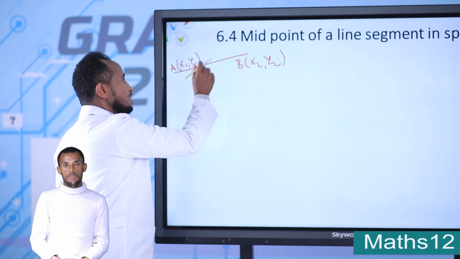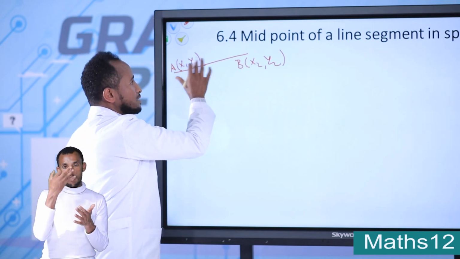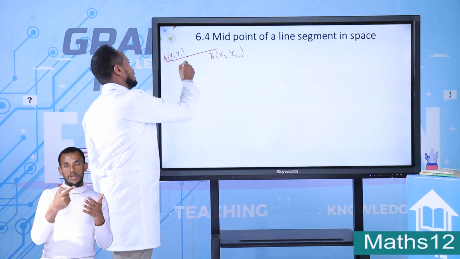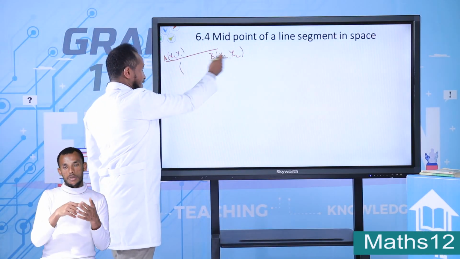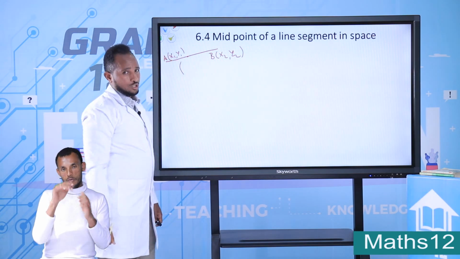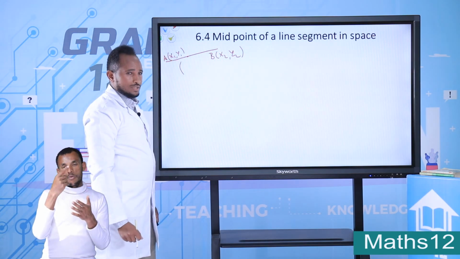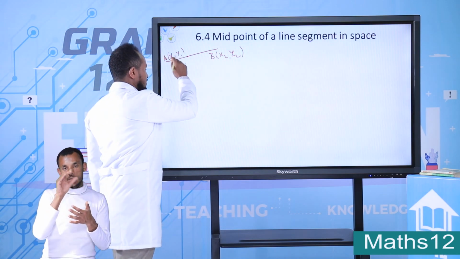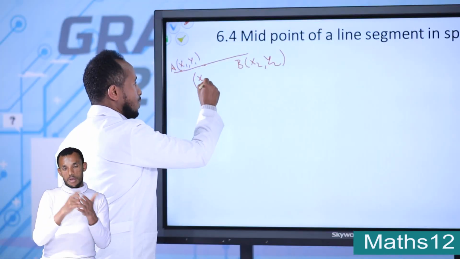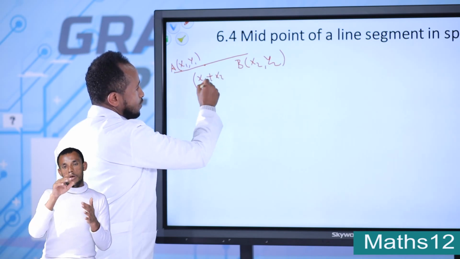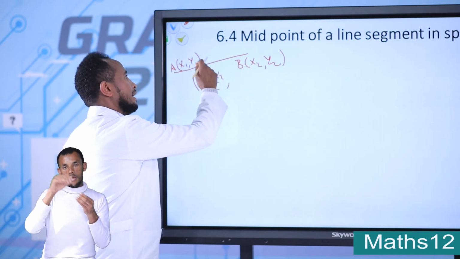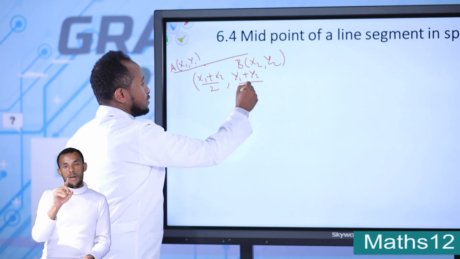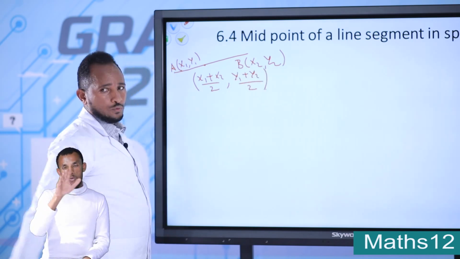So the coordinate of the midpoint of this line segment is evaluated by simply taking the average of each coordinate, the average of x and y. So that means x1 plus x2 over 2 and y1 plus y2 over 2.